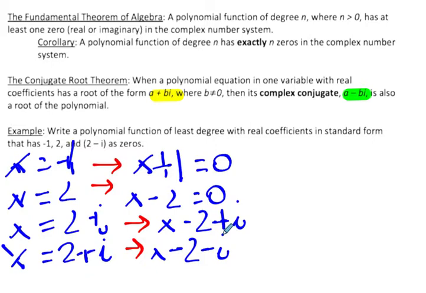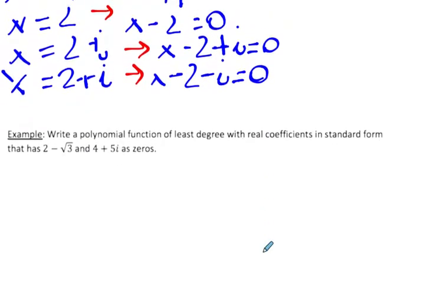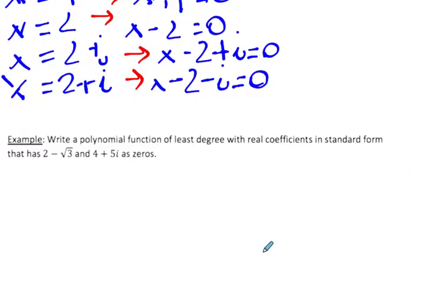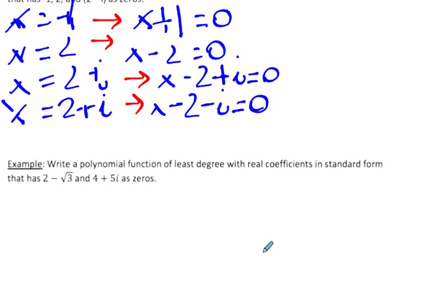If I have all three of these that are now set equal to 0, then these in factored form would have been the things that we had in each parenthesis. So what we are able to say is that in factored form, our polynomial would be, so I'm going to call it f of x, and I am going to use this space down here for this next example, and I will write that on a different screen.